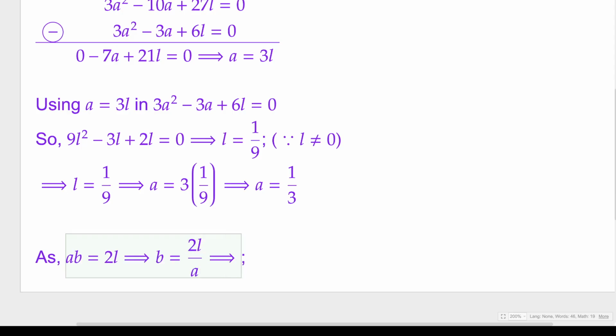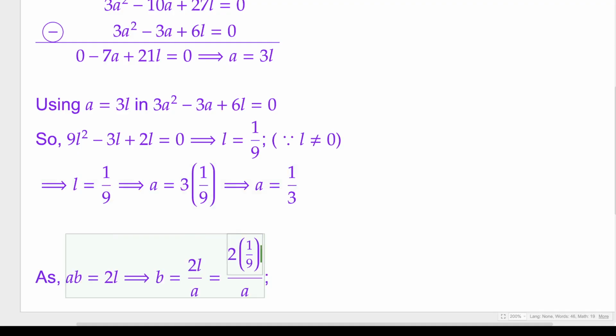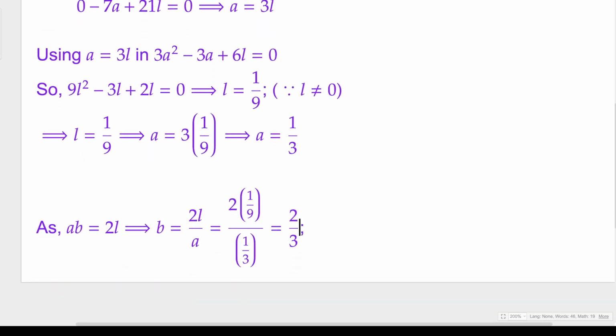Instead of l we replace it with 1 over 9, and the value of a is 1 over 3, so that effectively becomes 2 over 3. So this is the product of a and b.